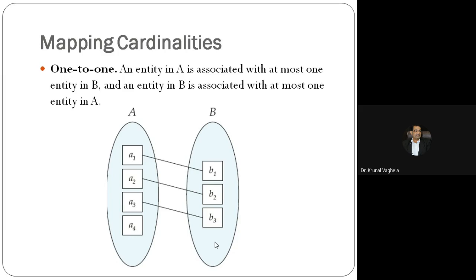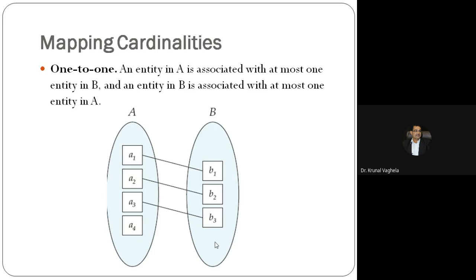So it's obvious, one to one. What does it mean? An entity in entity set A is associated with at most one entity in B. At most one, not more than one. And an entity in B is associated with at most one entity in A.